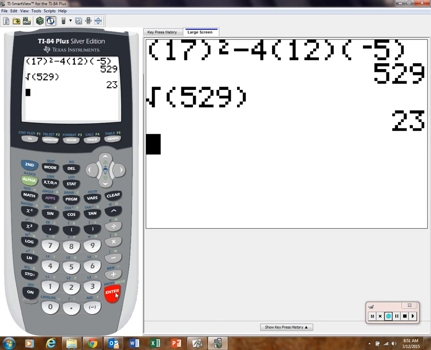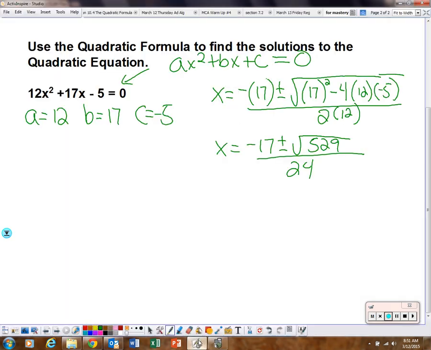Now, if you end up with a decimal, just use the decimal. All right, so let's go back and rewrite this. x equals negative 17 plus or minus 23 divided by 24. I'm going to simplify a little bit further. So I'm going to write 2 equations. x equals the negative 17 plus the 23 divided by 24.